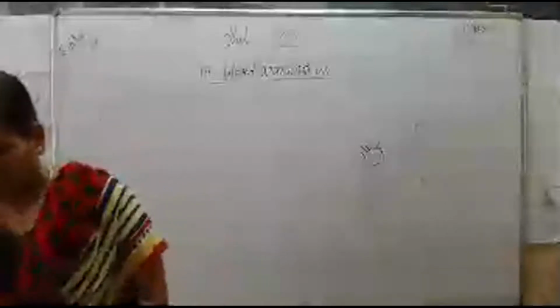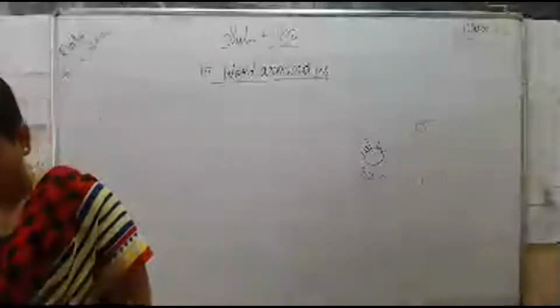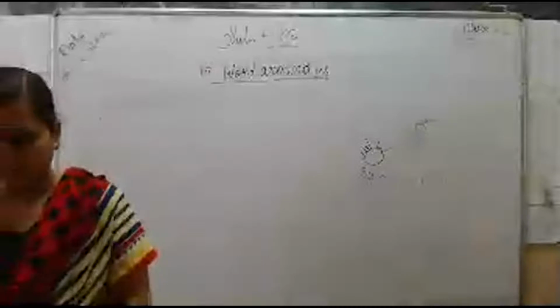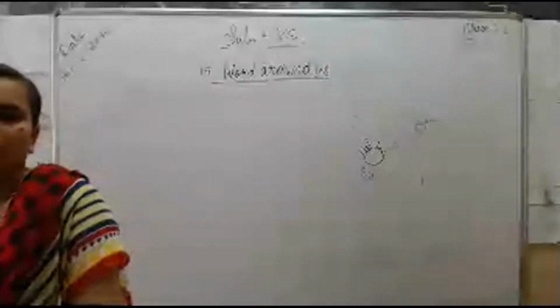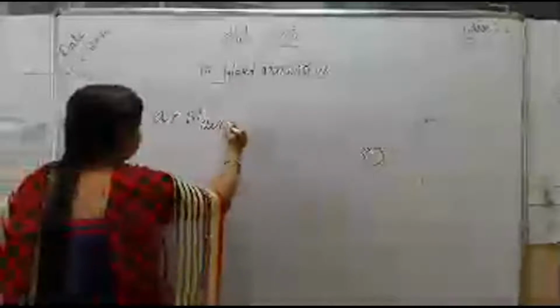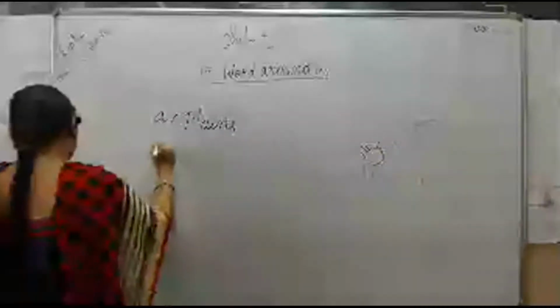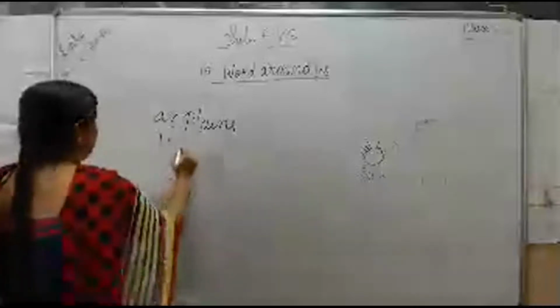Land has different forms. Which are those? First one is plains. Hills.